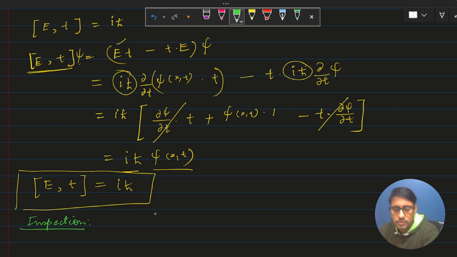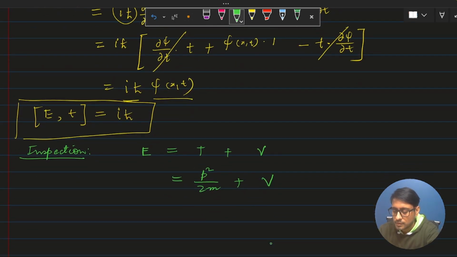The total energy E of any system is given by the kinetic energy plus the potential energy. The kinetic energy is half m v square, which we can write as p square over 2m, plus the potential energy V.